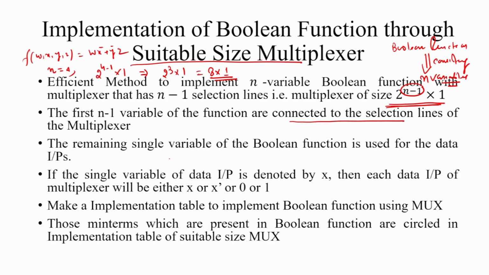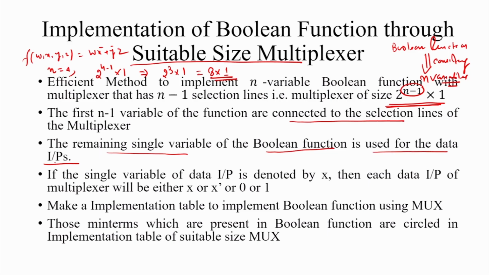Here the remaining single variable of the Boolean function is used for data inputs. Generally, the n minus 1 most or least significant variables are used as the selection lines of the multiplexer, and the 1 remaining variable of the Boolean function is used for data inputs.